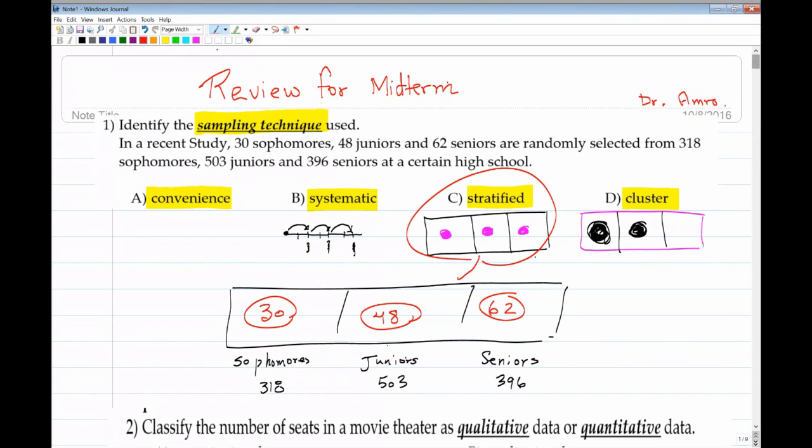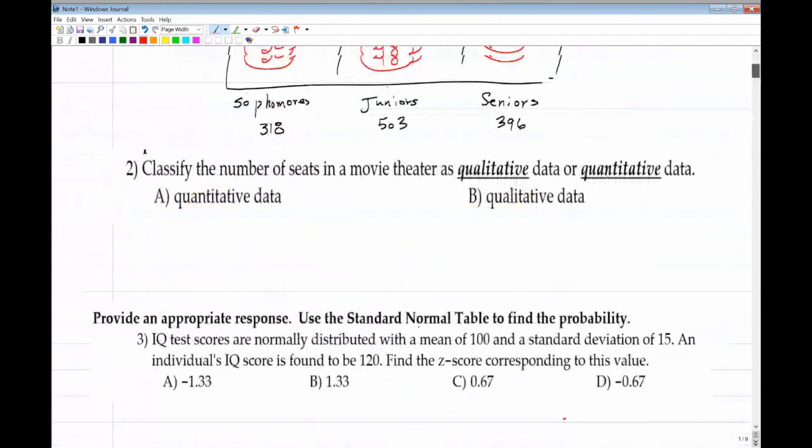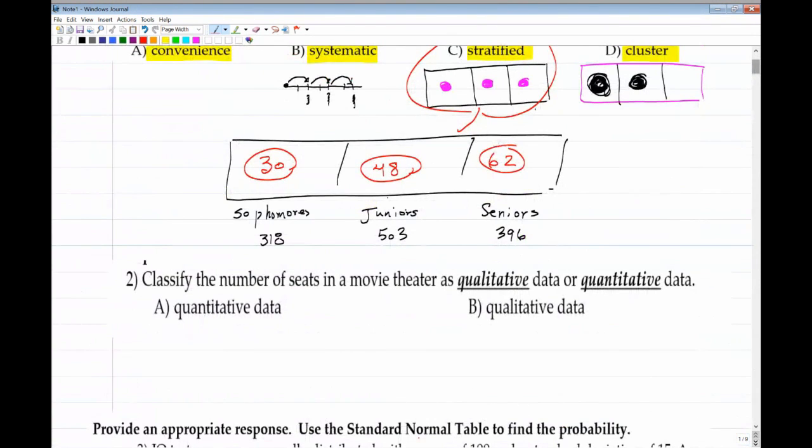Now we move to the next question, and the next question will be about discussing the two important words, which are quantitative versus qualitative. Qualitative is dealing with value. And quantitative will deal with how many, which is the cardinality of the number.